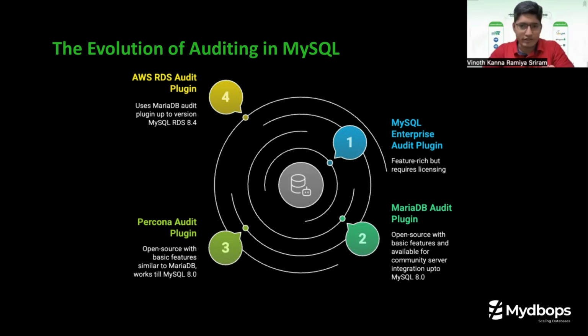Compared to the open source audit logs and the MySQL Enterprise plugin, till 8.0, we can say that the MySQL Enterprise Audit plugin is feature rich, but it requires licensing. So we had to use open source versions to avoid that.